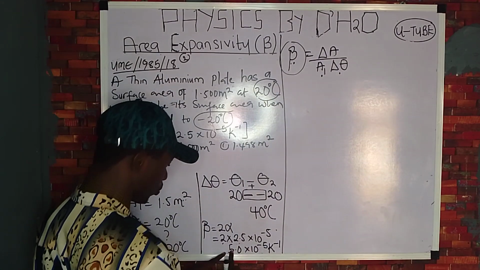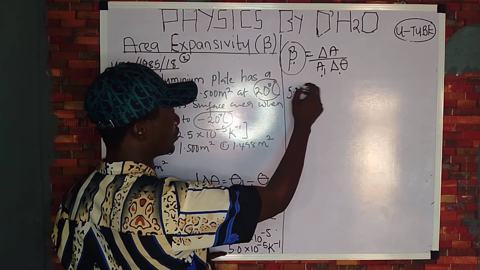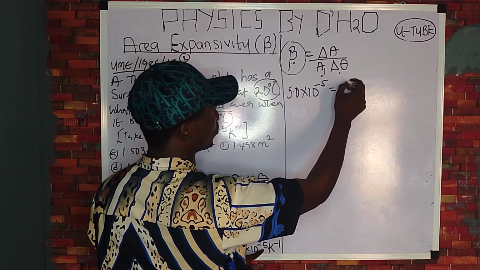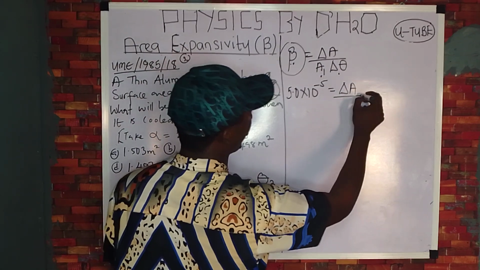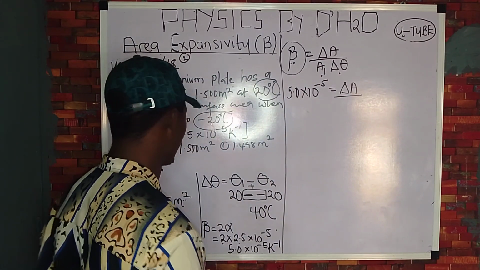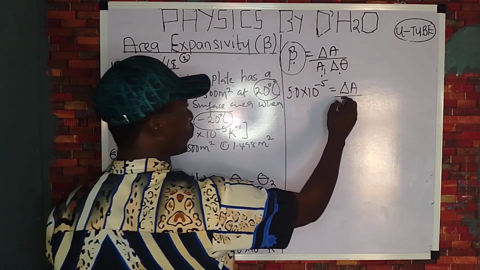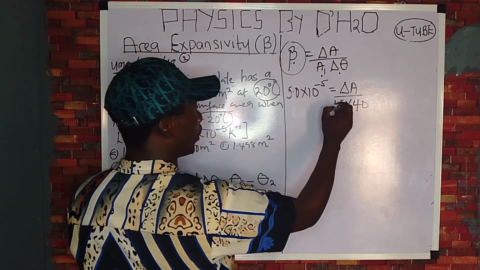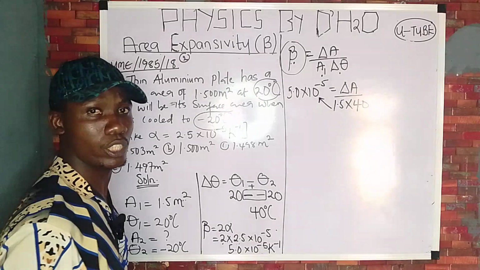So we have this, our area expansivity, which is 5.0 times 10 raised to the power of minus 5, is equal to change in area all over A1. What is our initial area? It is 1.5. Change in temperature is what? 40. So what do we do? Cross multiply.